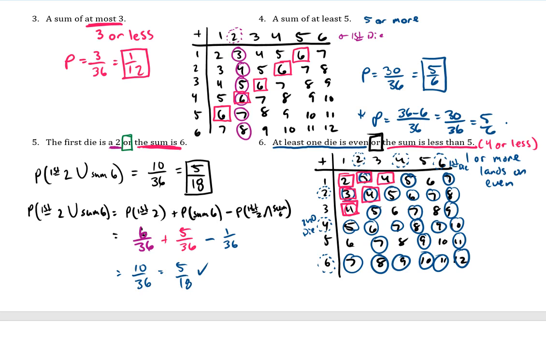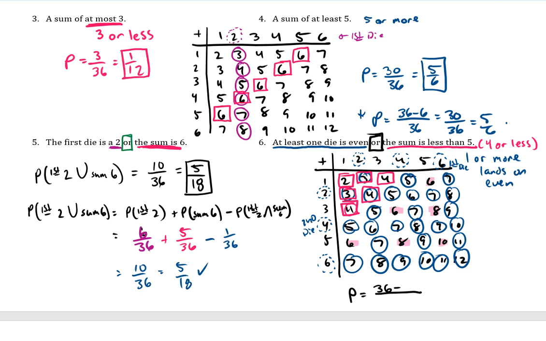Okay, and the way that I'm going to strategize this one, I could count everything that's marked. However, I think it's probably easier to do 36 minus the ones that are not marked. Let's highlight those. The pink highlighted ones are the numbers that are not marked, because I can count those a lot faster.